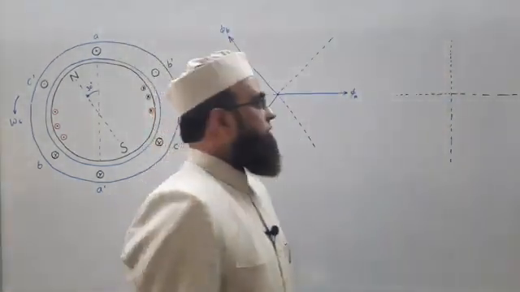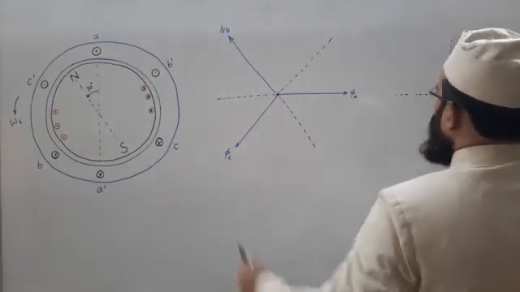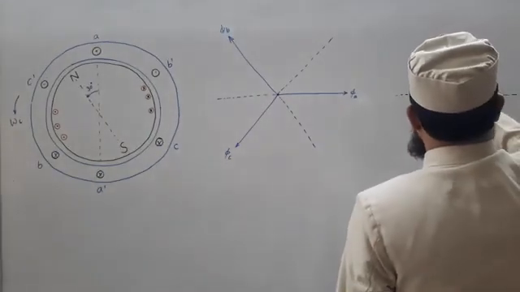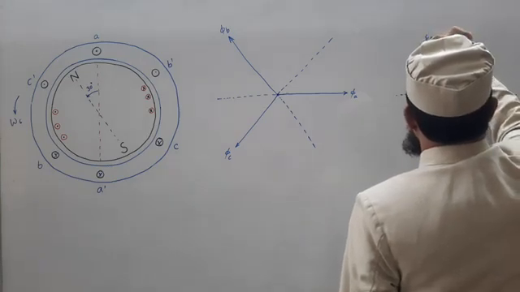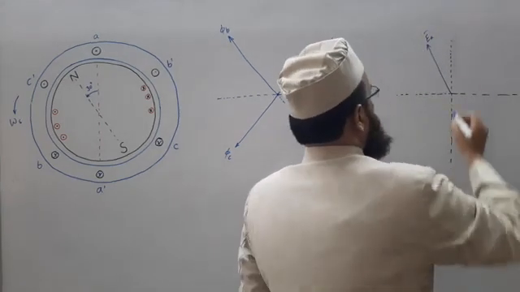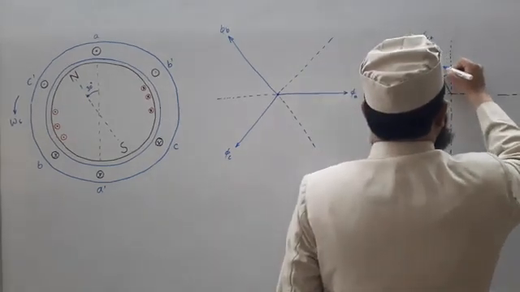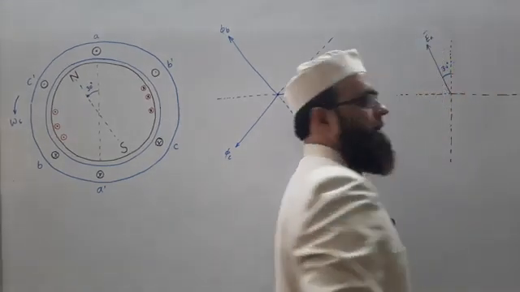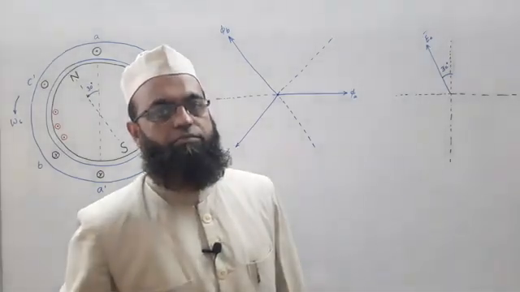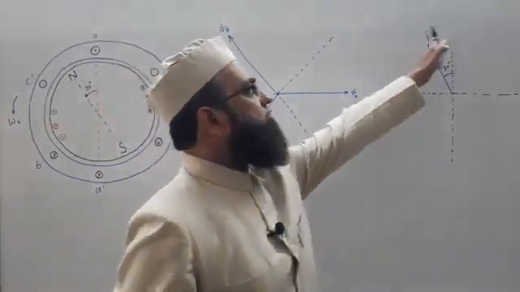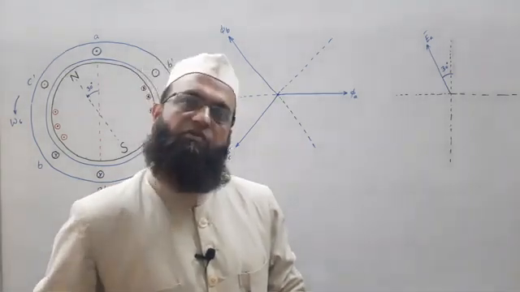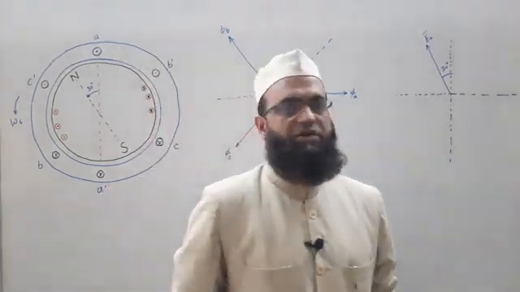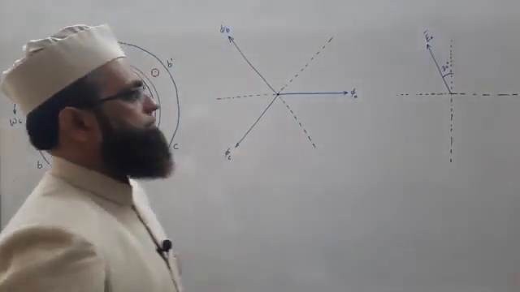So, let us draw phasor EA, the induced EMF in phase A at this moment, which was represented by EA, rotated 30 degrees in the same direction, and its projection on the vertical axis will give you the instantaneous value of EMF induced in that phase. We have discussed it right in the beginning.